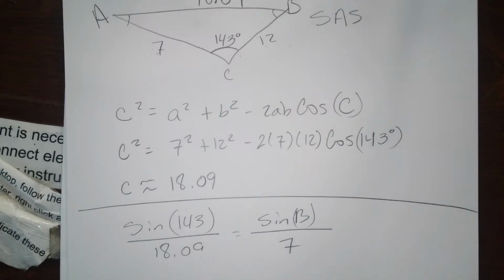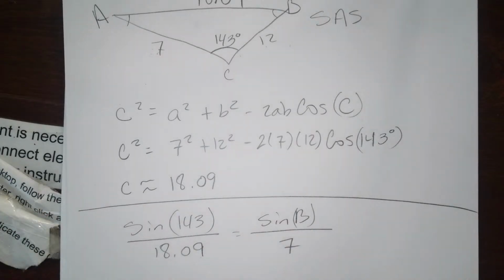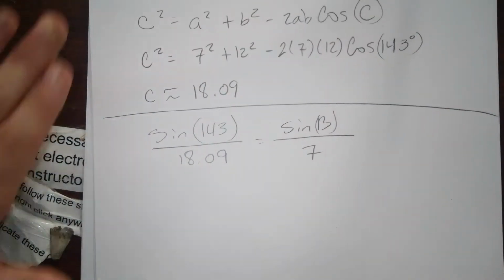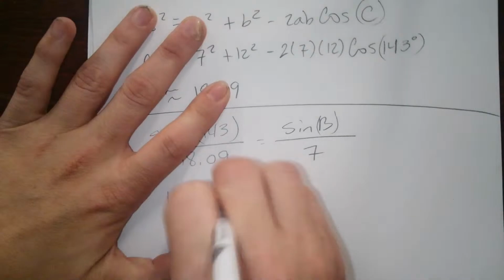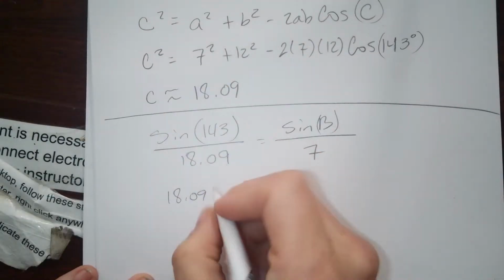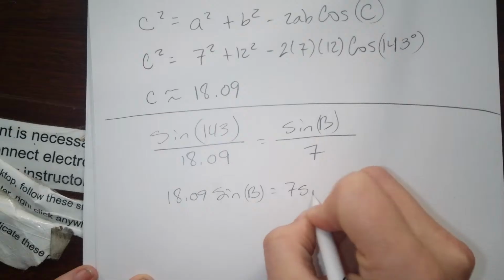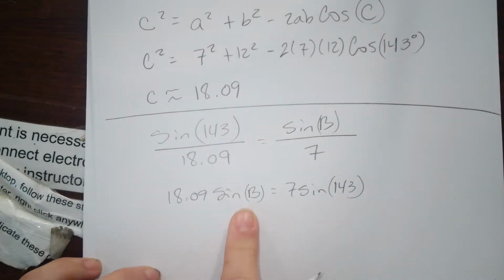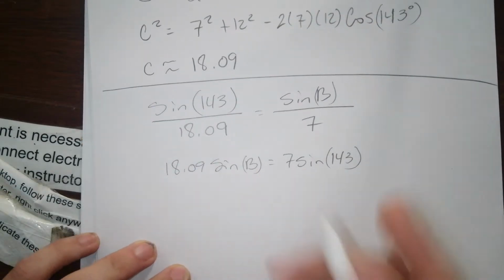And then what am I going to do? Well, 18.09, right? Because I'm going to get 18.09 something times sine of B equals 7 times sine of 143. And I want sine of B all by itself. So I'm going to divide both sides by 18.09.